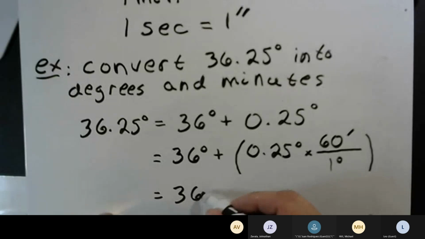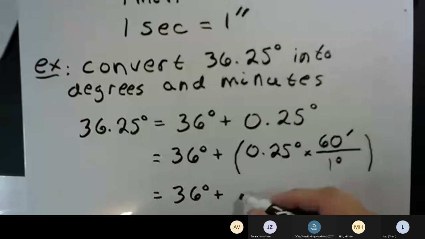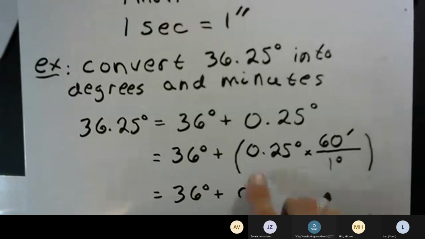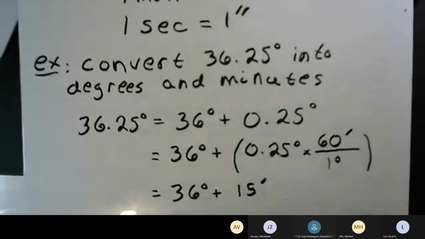We do our multiplication. 0.25 times 60 is going to come out to 15 minutes.